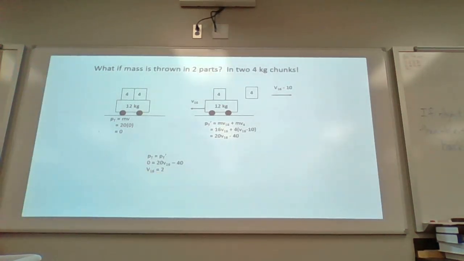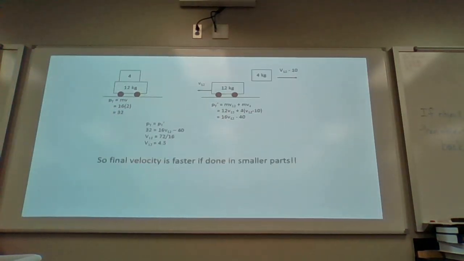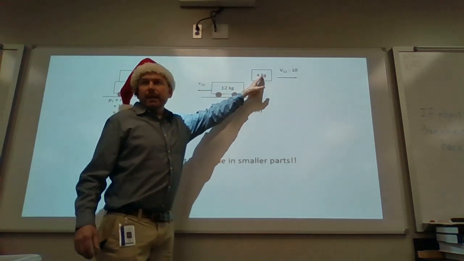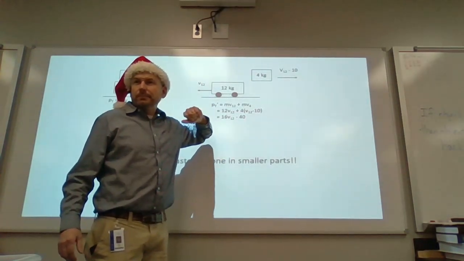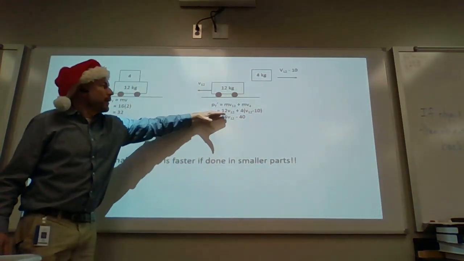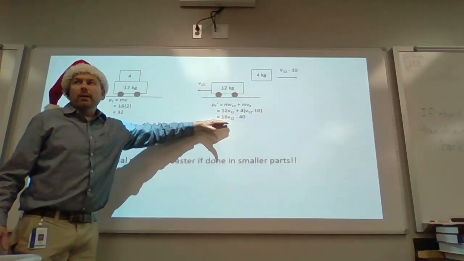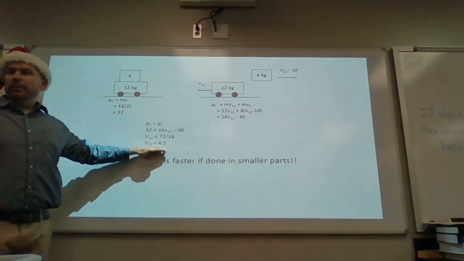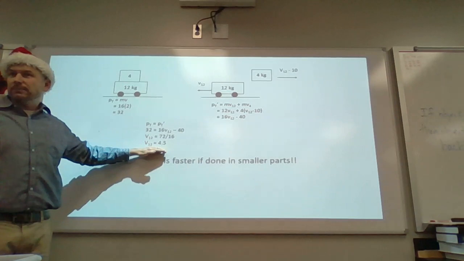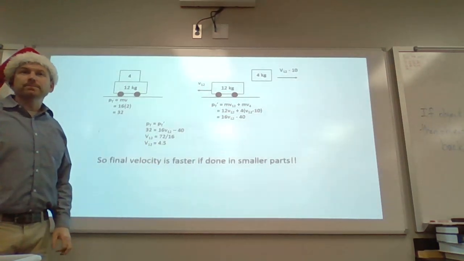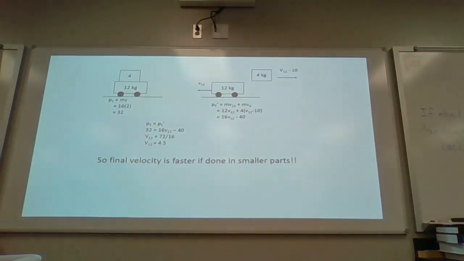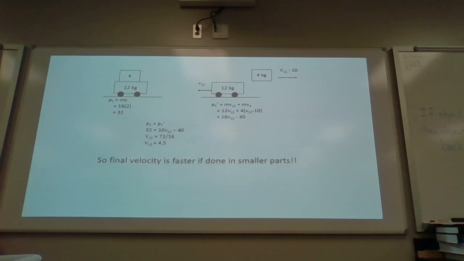And then we throw the second, we still throw it at 10 meters a second relative to the cart. The cart now is moving though. And the consequence of that is we're now moving at 4.5 meters a second versus 4 meters a second. So does everybody understand the dynamic there?